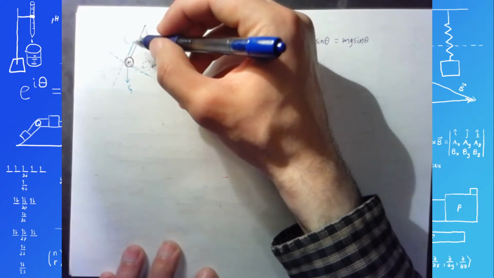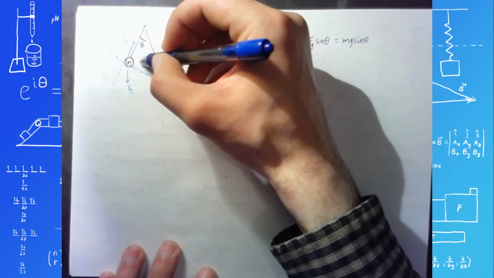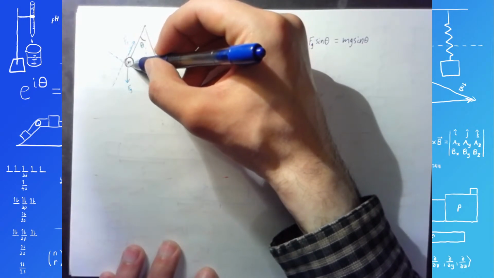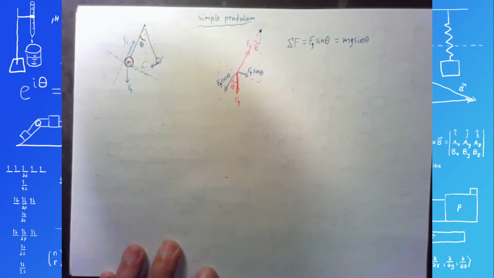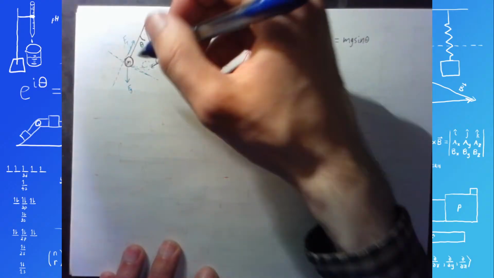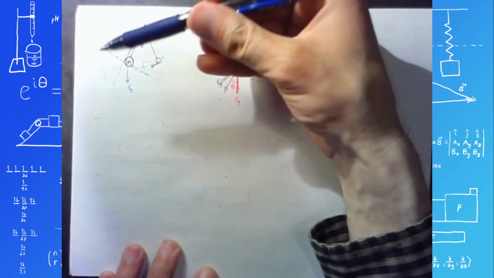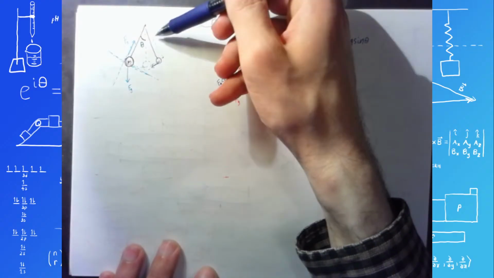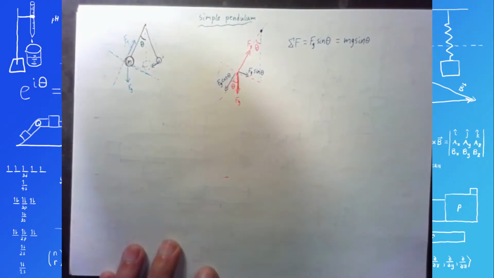If theta opens to the left, then force of gravity sine theta is going to be pointing down and to the right. I think I accidentally said cosine back here. If I did, I meant sine. Force of gravity sine theta points towards the left when you're on the right and towards the right when you're on the left. So it does seem to meet that requirement.